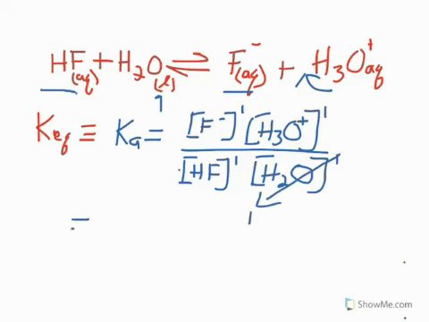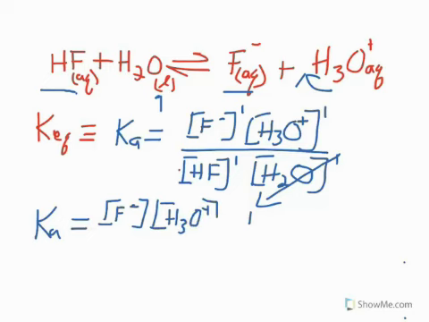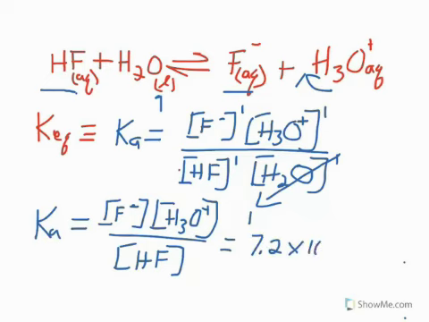So we get Ka is equal to the concentration of F minus times the concentration of H3O plus divided by the concentration of HF. And in your table they have a list of Kas. If I look it up here, the Ka for HF is 7.2 times 10 to the minus 4th.